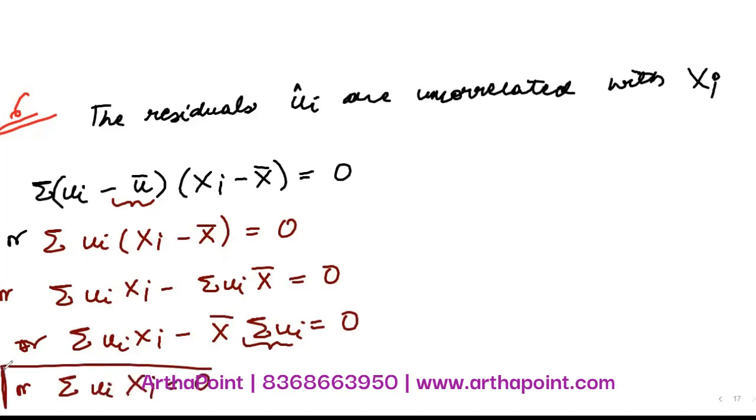If I'm able to prove this, that summation ui xi is 0, actually I will put a hat everywhere on ui because I'm talking about the sample. If I'm able to prove this, then I can say that ui hat and xi are not correlated with each other. So to do that, I am directly going to use my normal equation.